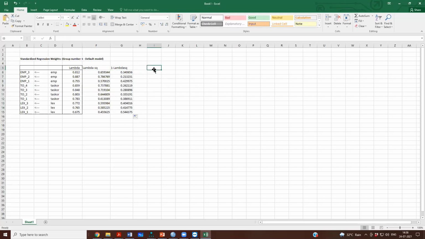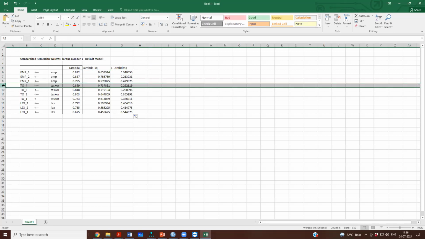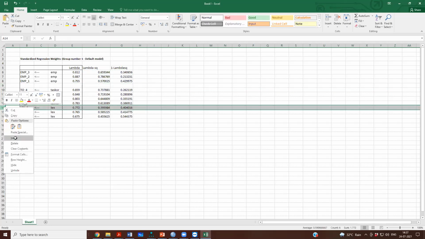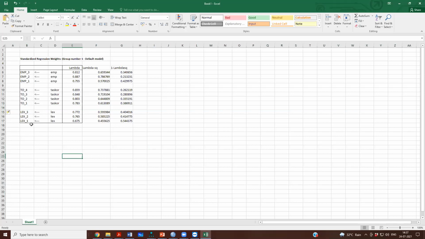Then we will also need this for each factor. Okay, so let me introduce a row here. This was EMP, then we had TO and LEA. So we have the three factors. This is EMP, this is task orientation, and this is lead-by-example.